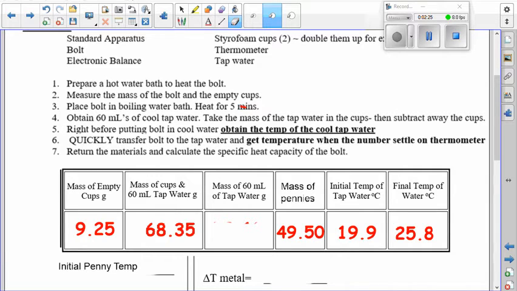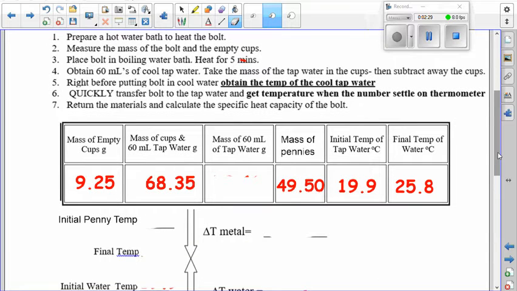So first things first. We have the mass of the cups when they're empty, and we also have the mass of the cups with water in them. So what is the mass of our water actually going to be? How do we calculate that? Difference of the what? Empty cups, water. Yeah, so we want to find the difference between these two, because one's got the cups by themselves and one's the cups with the water in them. I'll wait till someone can calculate that for me.